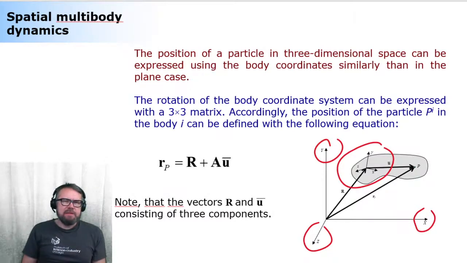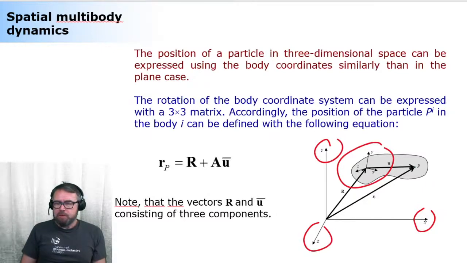What's the benefit of this body coordinate system? The benefit is the fact that within this coordinate system, the particle position remains constant. And this is when we are assuming the body to be rigid. If it is not rigid, then even that assumption is no longer valid.